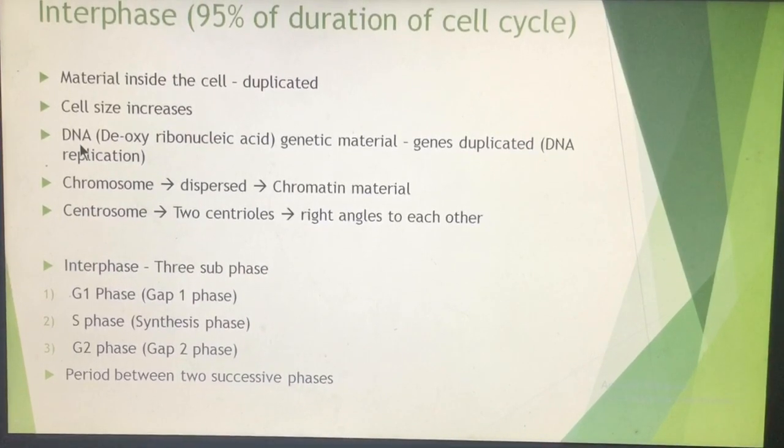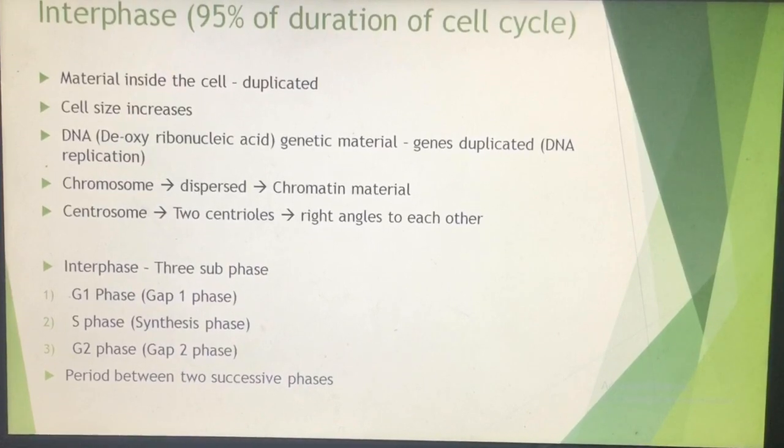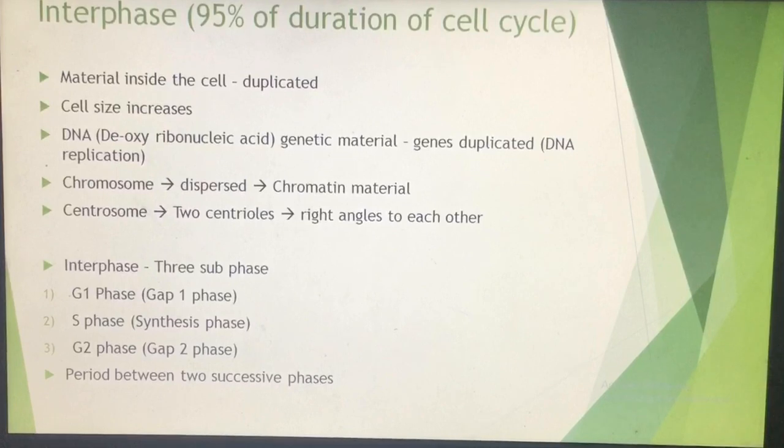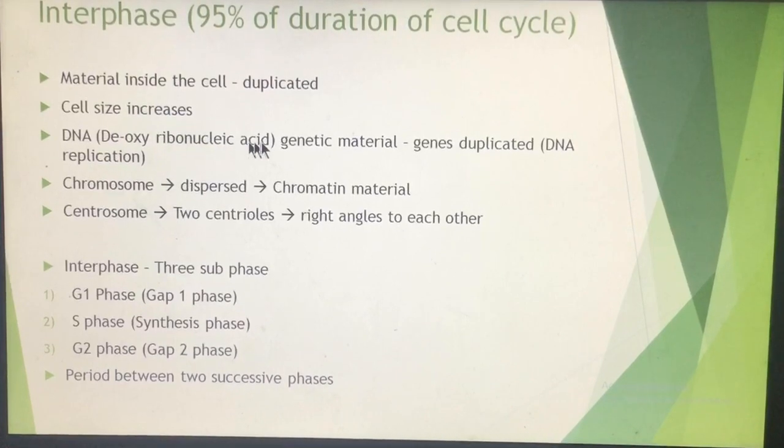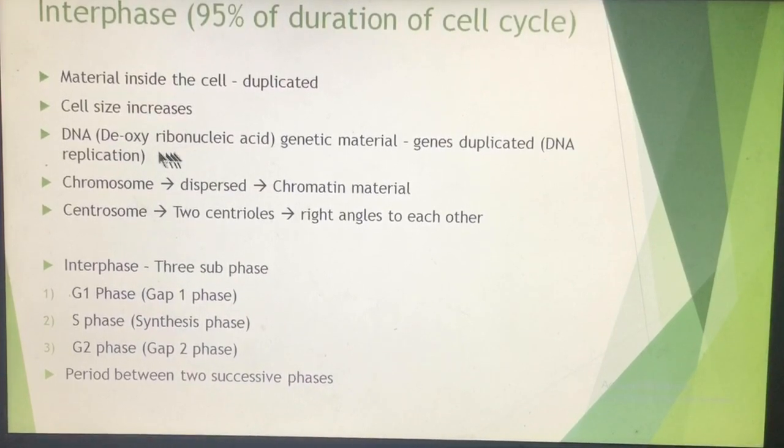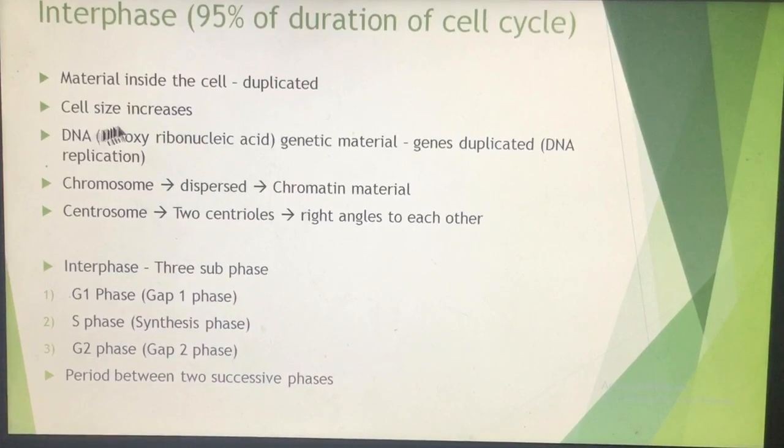Now inside the nucleus there is a genetic material known as DNA. You must be knowing that in the cell there is a nucleus. Inside the nucleus एक molecule है and that molecule is known as DNA. So this DNA का full form is deoxyribonucleic acid, or it is also known as deoxyribose nucleic acid, which is a genetic material. Genetic material means this DNA passes from one cell to another cell.